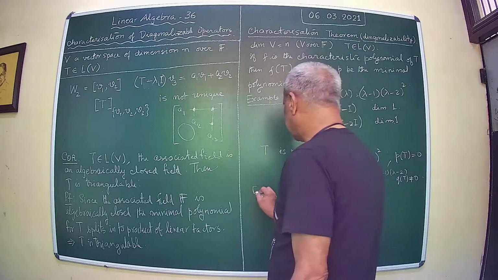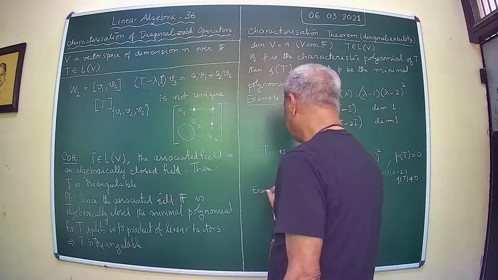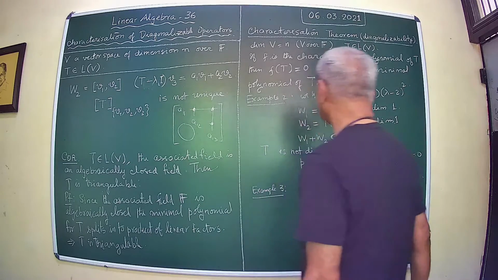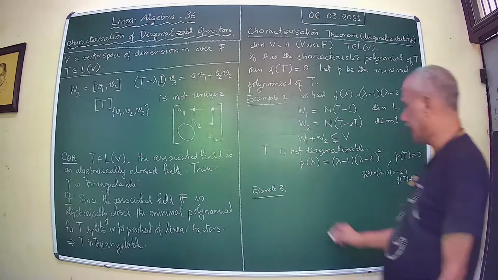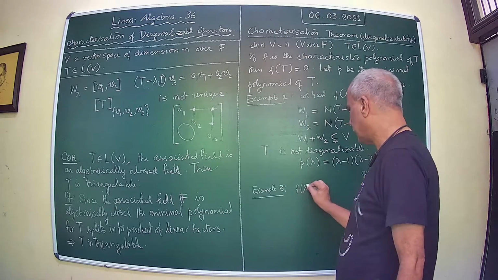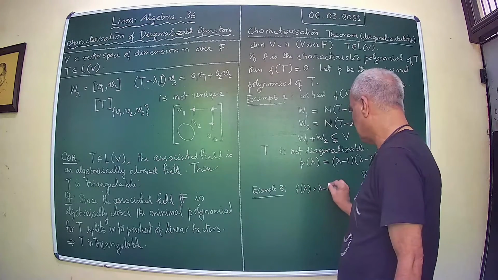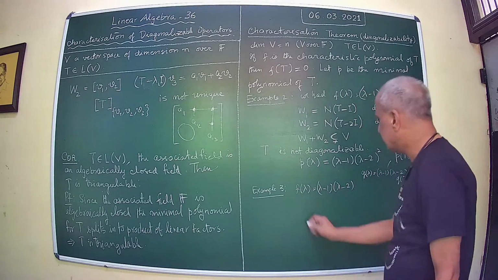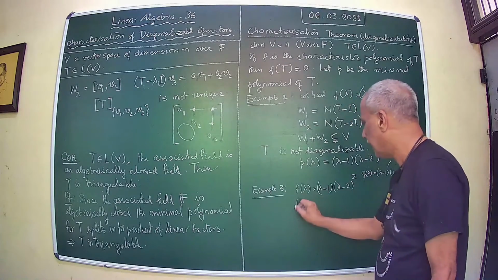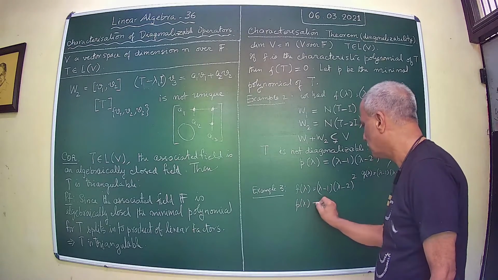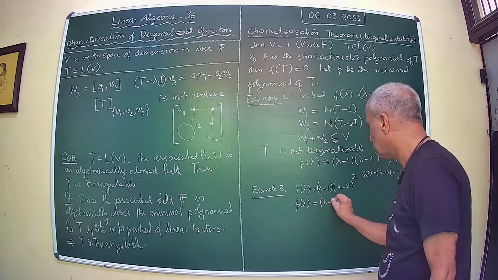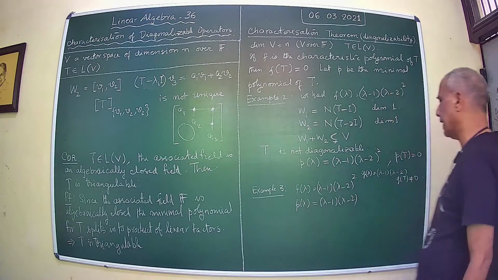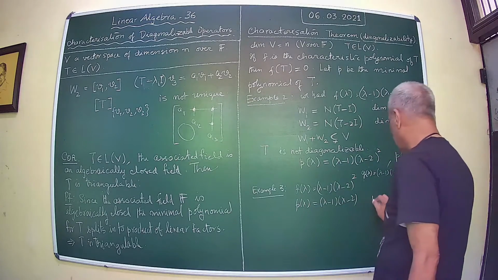But in example 3, we had again f lambda, but in this case p lambda becomes, or in this particular case we were able to show that p equal to.